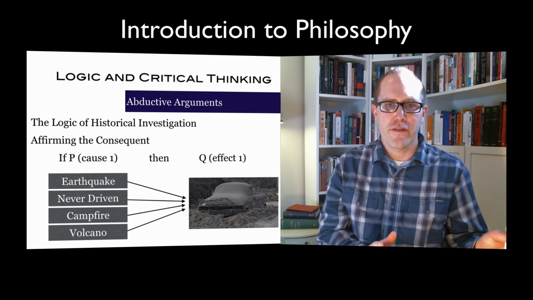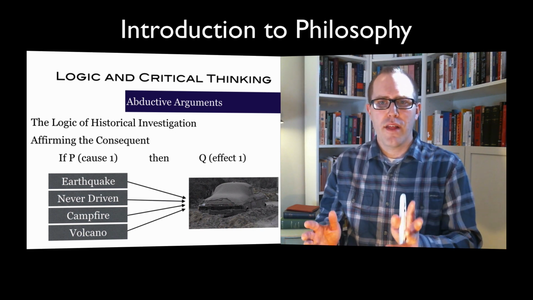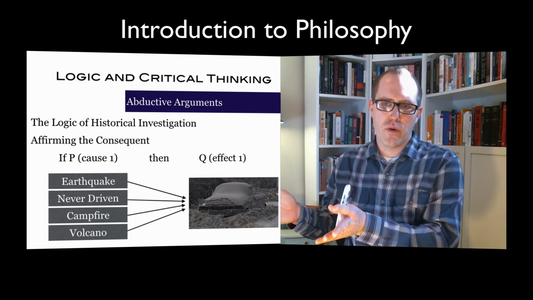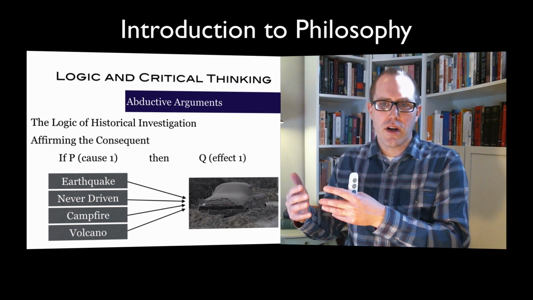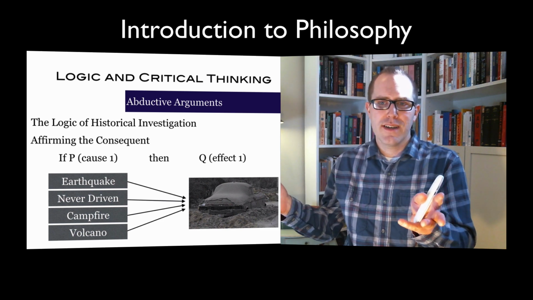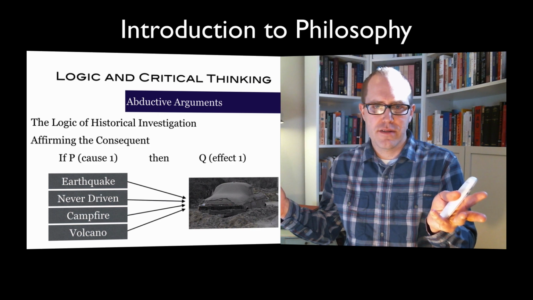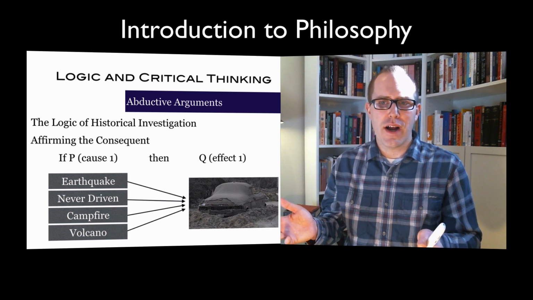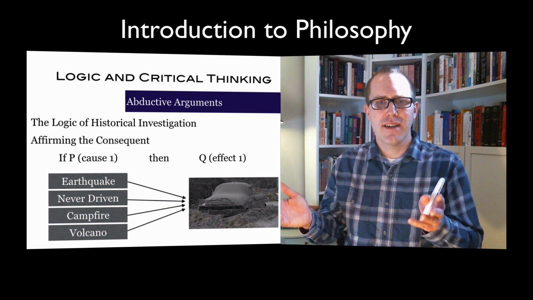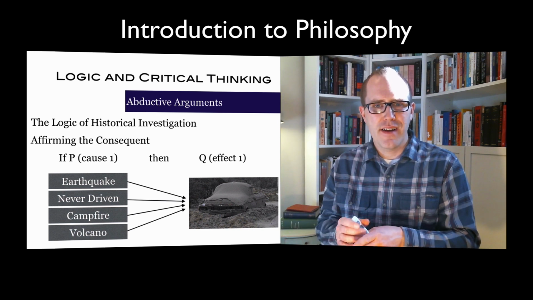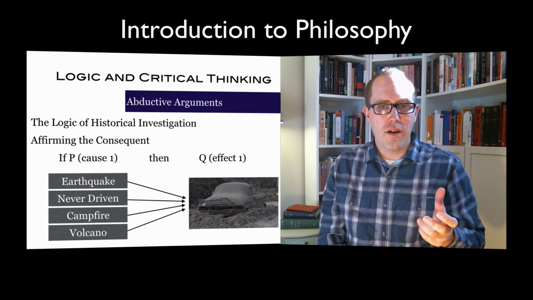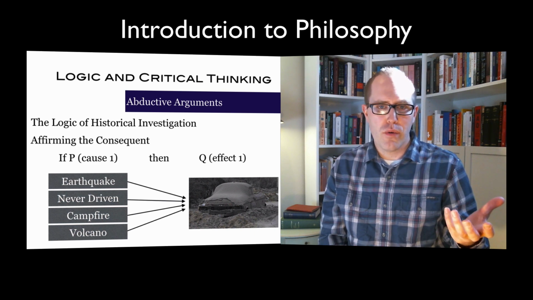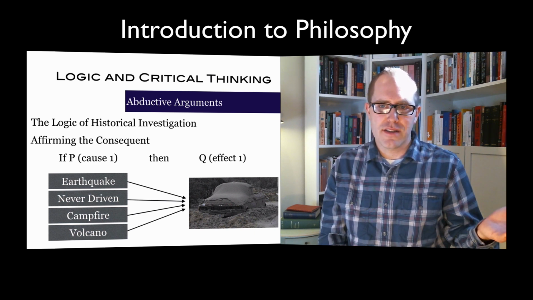We have "if P," so cause 1, then Q, which is effect 1. The effect here is a car that's completely covered in ash. It's completely covered in dust. We want to figure out what is the best explanation that gets at the cause of this effect. Well, we could say maybe there was an earthquake that caused this ash.